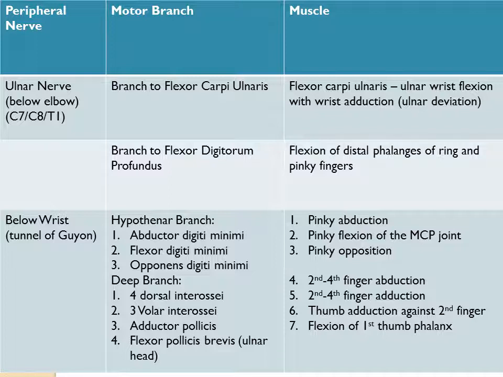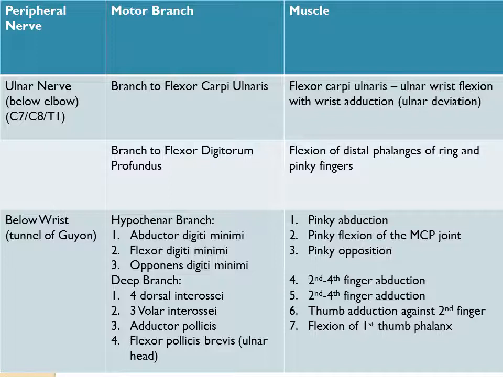And as the name suggests, the hypothenar branch goes to the three hypothenar muscles. And the three hypothenar muscles are the abductor digiti minimi, the flexor digiti minimi, and the opponens digiti minimi. And you should remember the abductor digiti minimi.